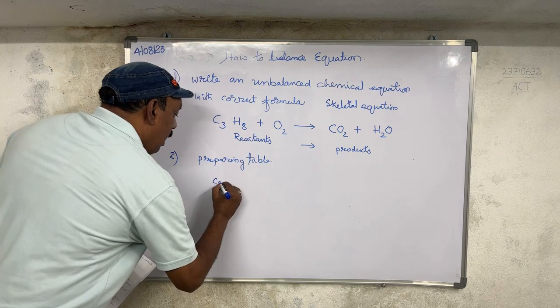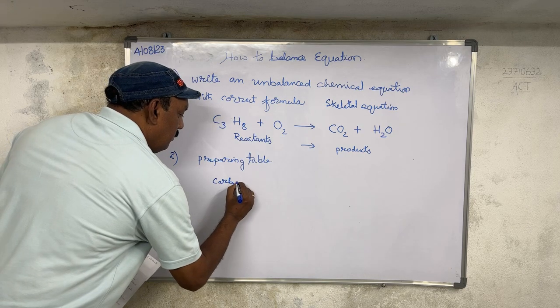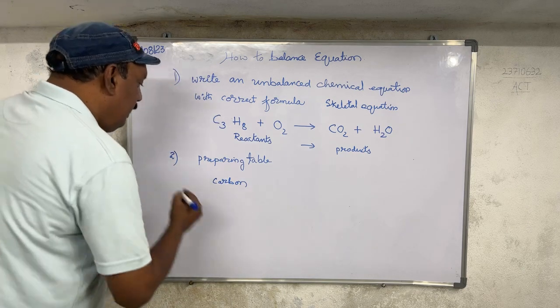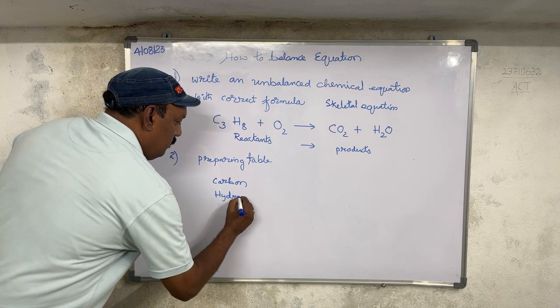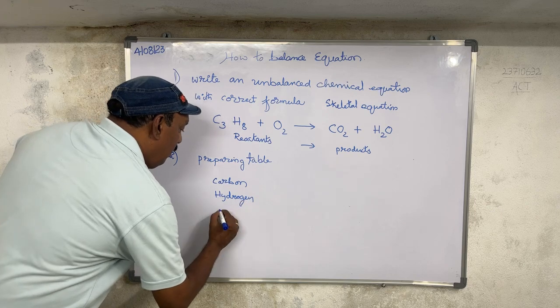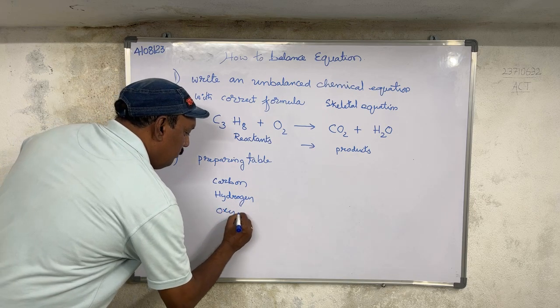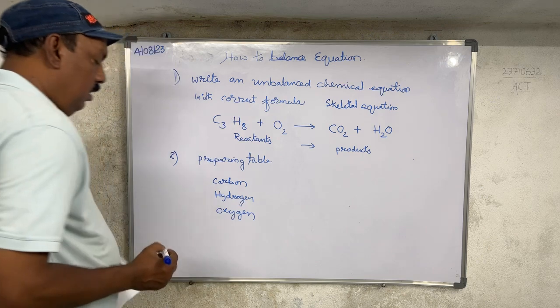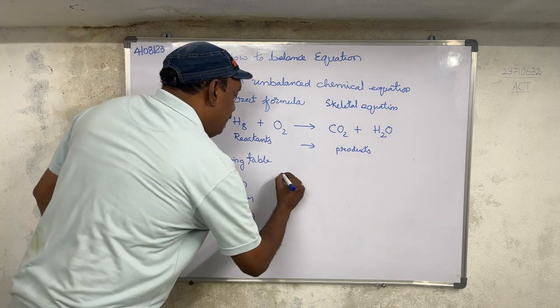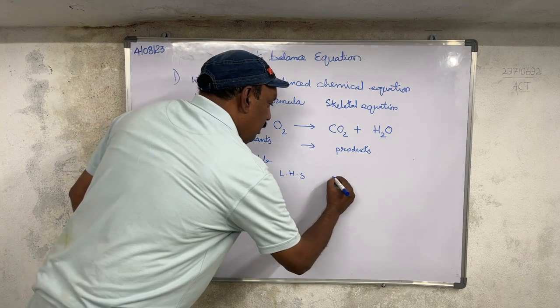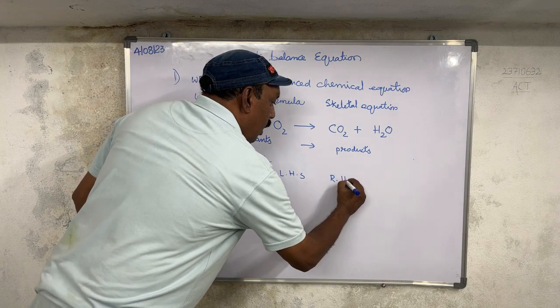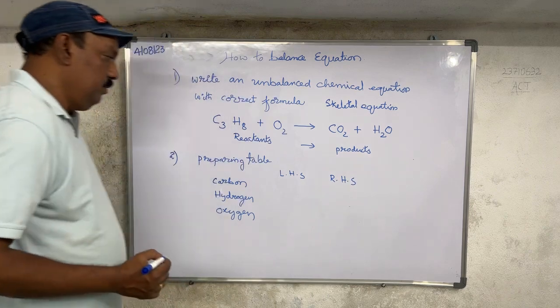First thing is carbon, second one is hydrogen, third one is oxygen. In the left hand side, how many are there? In the right hand side, how many are there? We have to check here now.